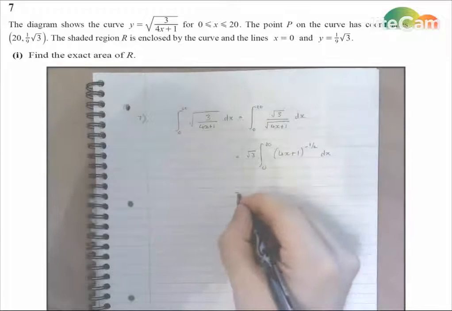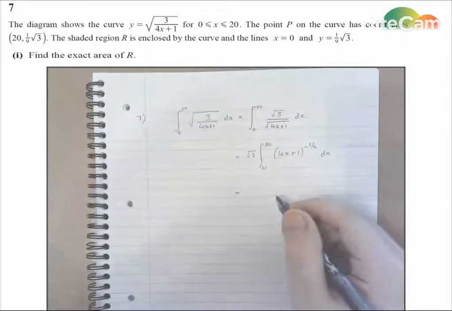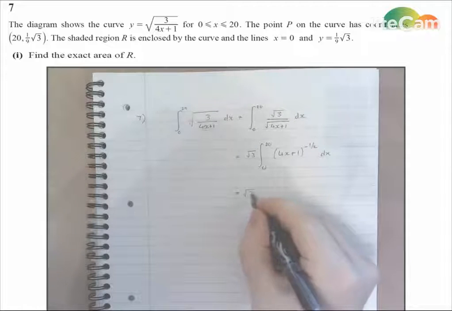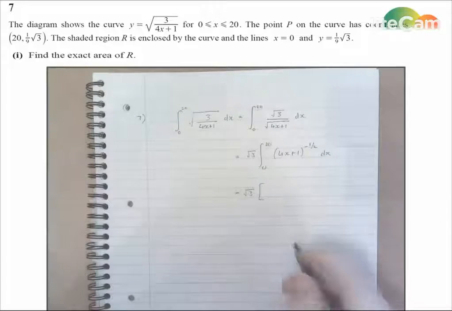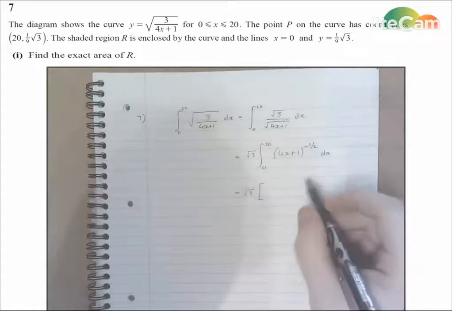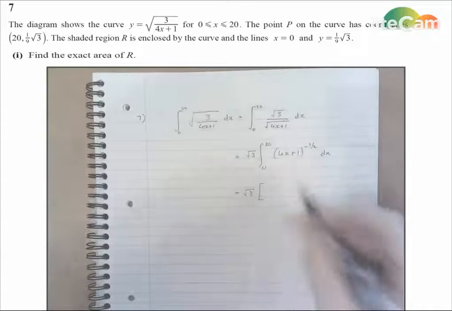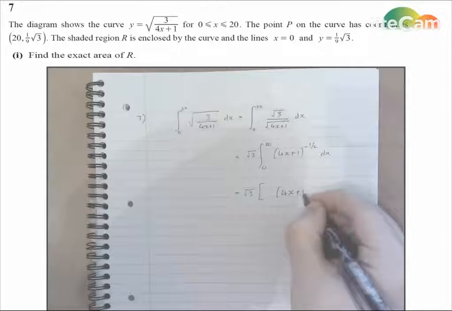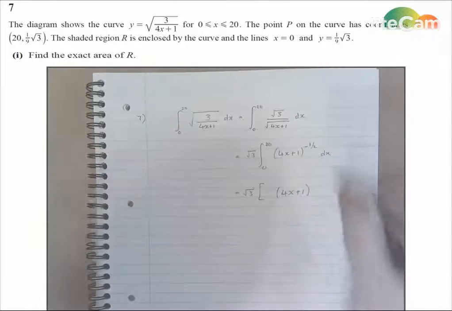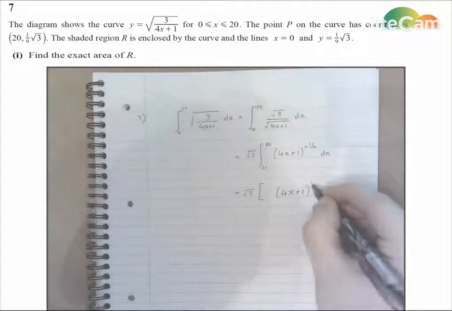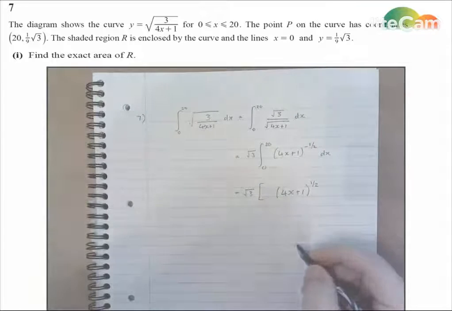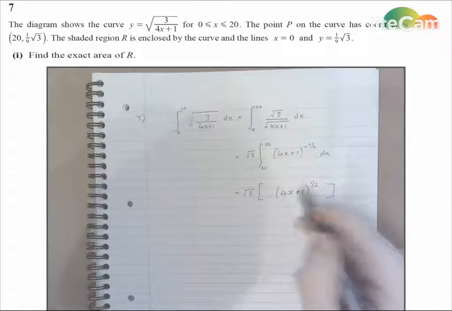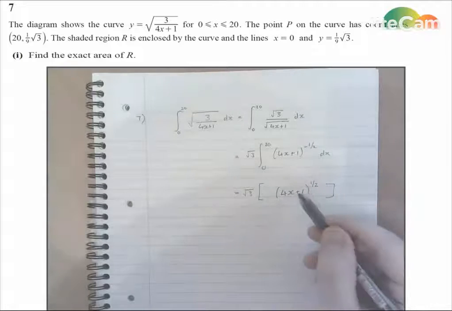So we're going to integrate this using a technique called integration by inspection. I'm going to put my root 3 there and my square brackets ready for my answer. I know that when I integrate this, I'm going to get some function involving 4x plus 1, and this power will increase by 1, so that's a half. Now, working backwards, what would happen if I differentiate this function?